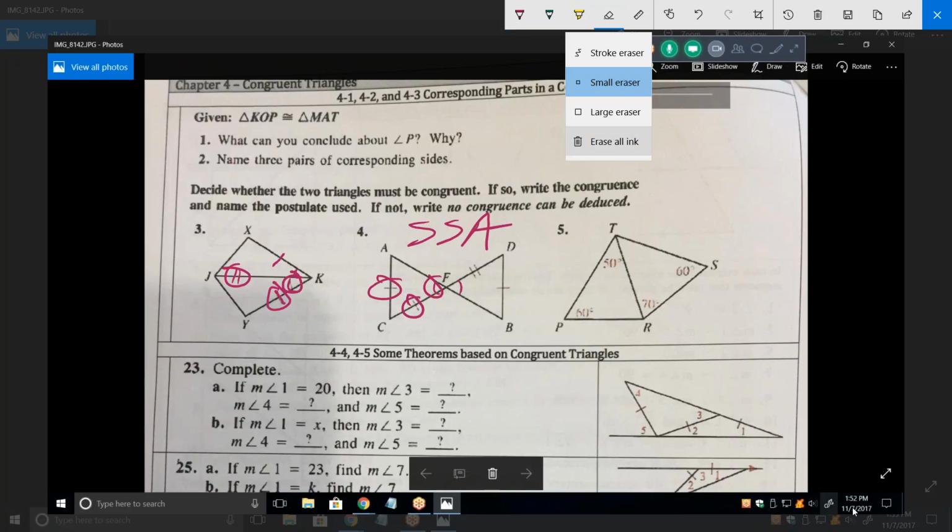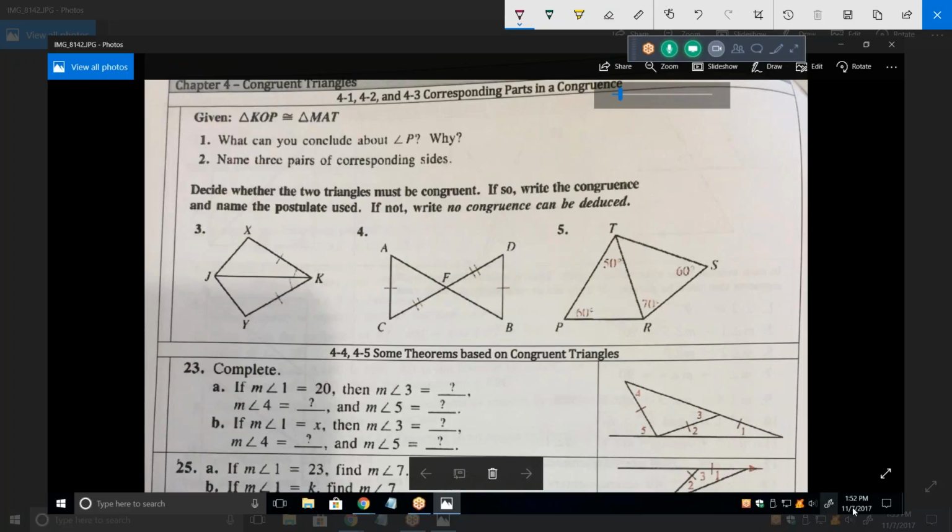Now, the question is how could I draw this thing so that they clearly are not congruent, and yet everything is true here? Well, I think I can do that. What if I draw this line like this and connect it right there? Now, that side is still equal to AC.